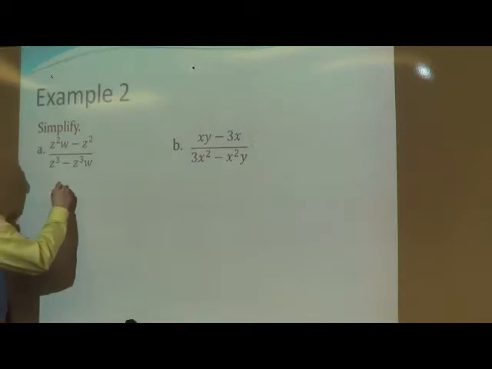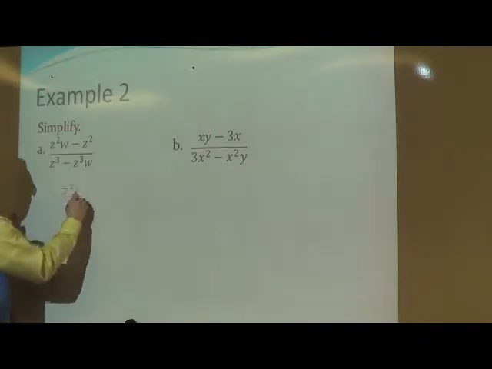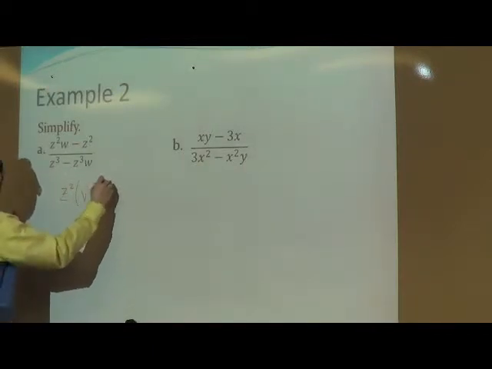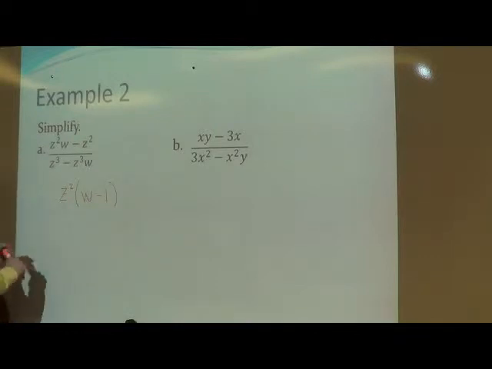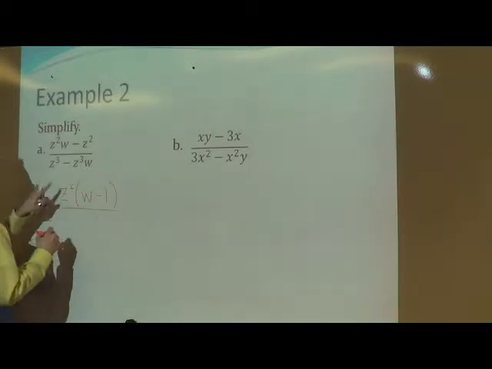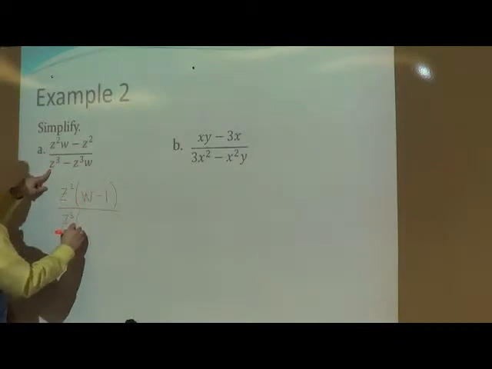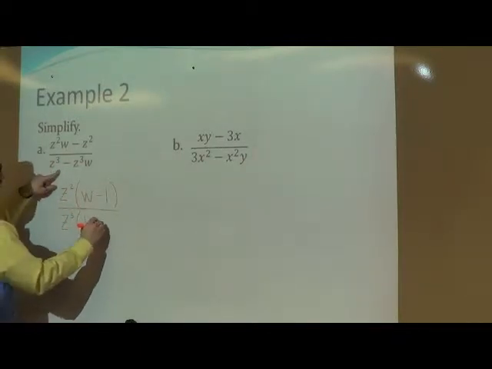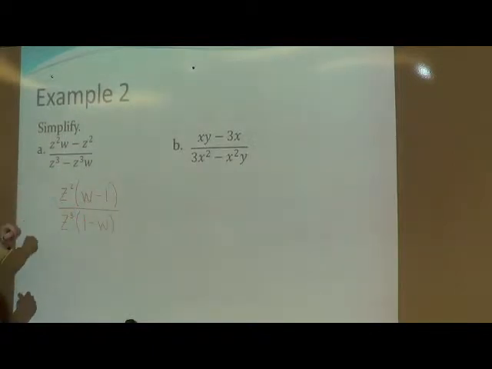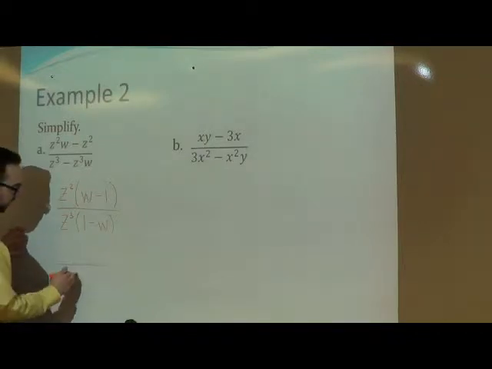Well, I can factor out that z squared and just make it w minus 1, divided by, what factors out here? z cubed will factor out of both of these, and it becomes 1 minus w. We just did a whole section on this, so we can simplify these things. z squared over z cubed, these reduce, and we're just left with a z in the denominator.